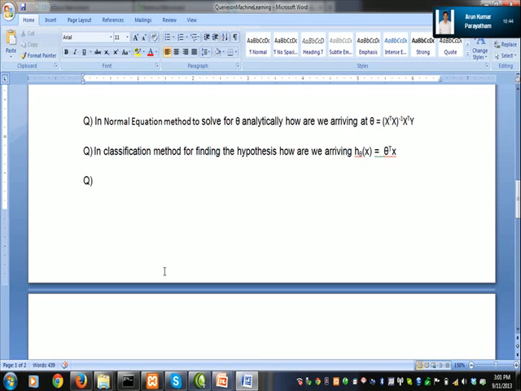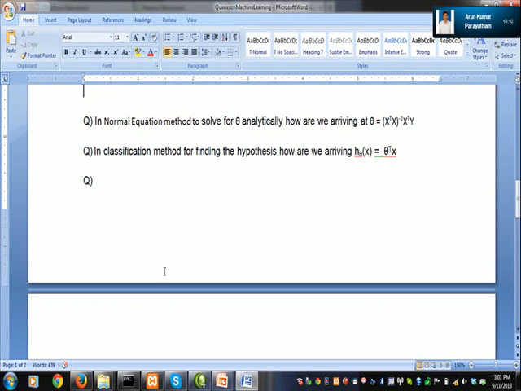H theta he has taken as theta naught x naught plus theta 1 x1 plus theta 2 x2. Then you differentiate, and you get several equations. If there are 5 inputs x1, x2, x3, x4, x5, x0 will add, so you will get 6 different equations, delta by delta theta j of J theta, where j runs from 0 to 5. That is 6 equations.